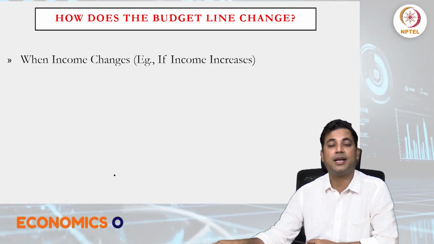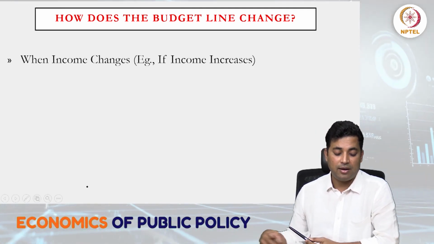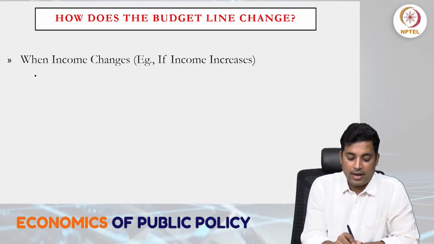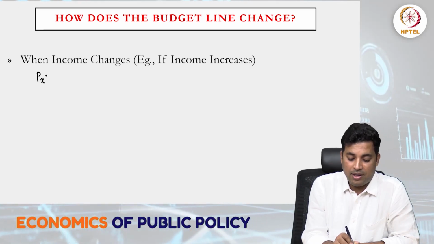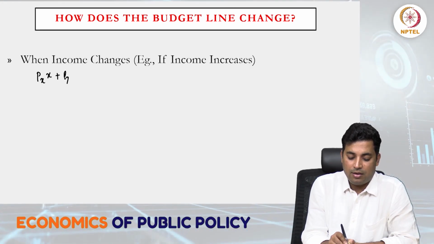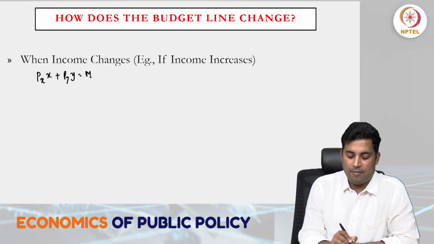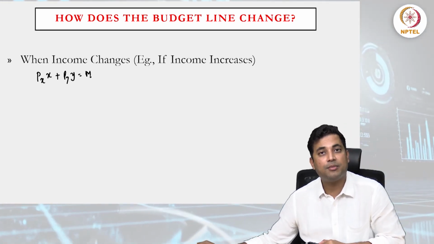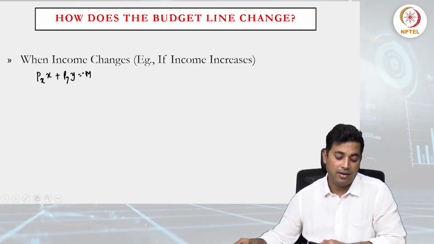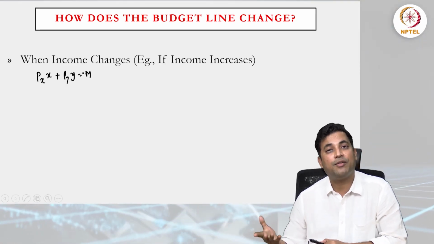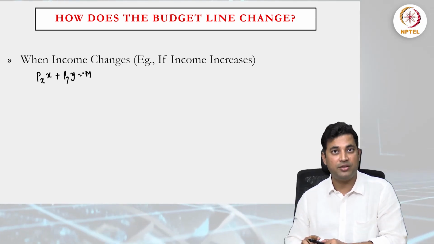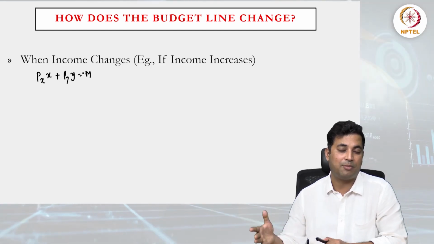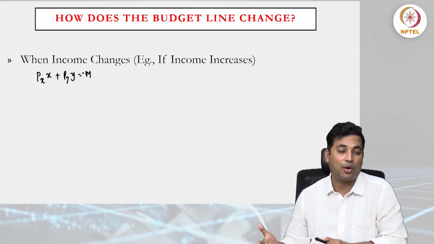Let's first take the example of when income changes. Again we can write the budget line as Px X plus Py Y equals M. Now the price of X, the price of Y, and the quantities of X and Y remain unchanged, but the income, that is the total budget, changes, because budget can be considered a proxy for income.